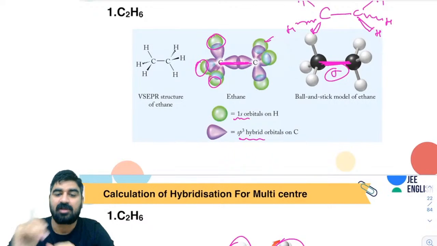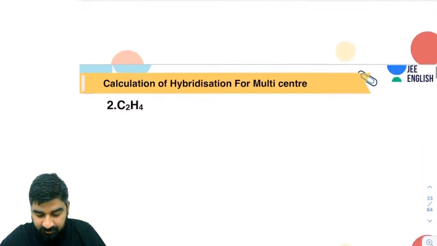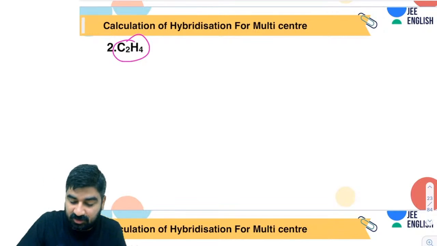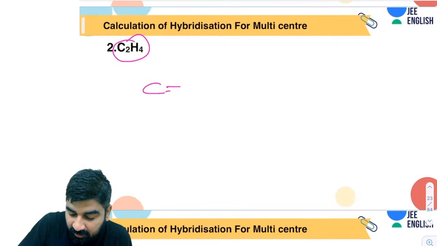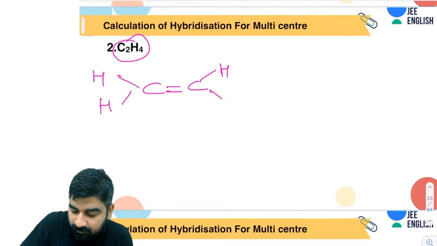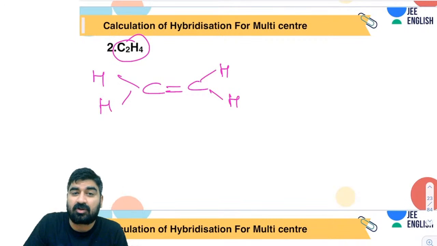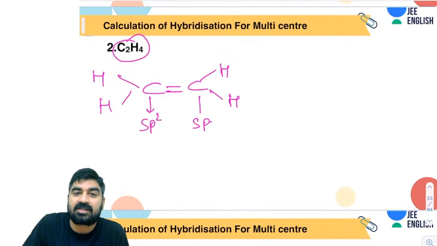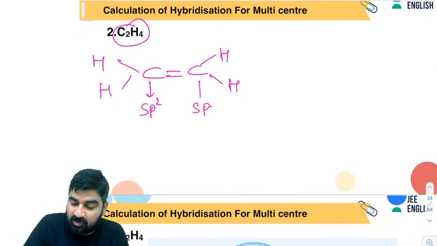Okay, guys? So if they can rotate, now the calculation of hybridization for multiple bonds. Now I'm taking C2H4. In C2H4, what is going on? You are writing the structure this way, and in this case I can say that every carbon is sp2 hybridized. So it will have 3 hybridized orbitals.